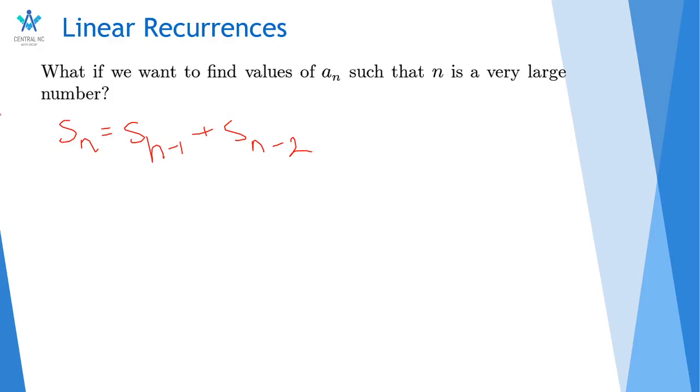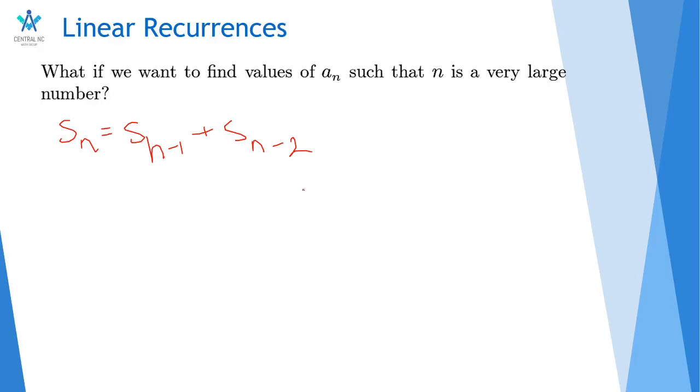But what if we wanted to get to higher values, like S of 500? You wouldn't know how to calculate that off the bat. And so that's where things get a bit interesting. So there are ways to calculate this.